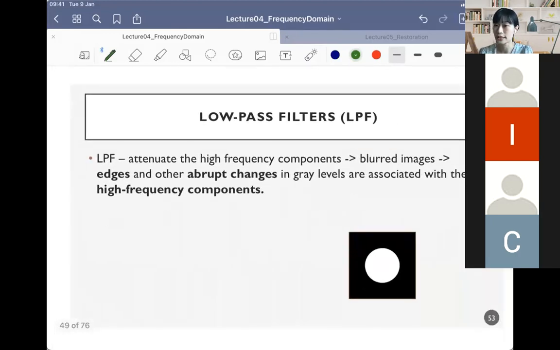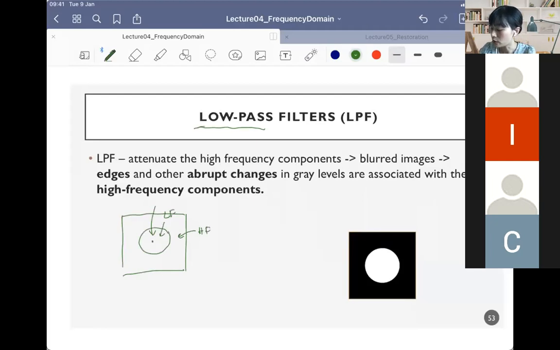So we'll start with one type of filter. The first type of filter is the low pass filter. Like I said, when you shift the origin to the center, here it's sort of the DC component, you get the low frequency here, and the high frequency around here.